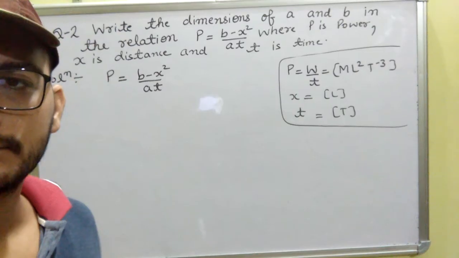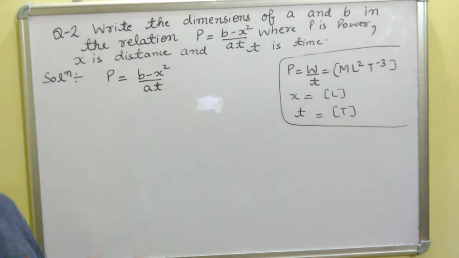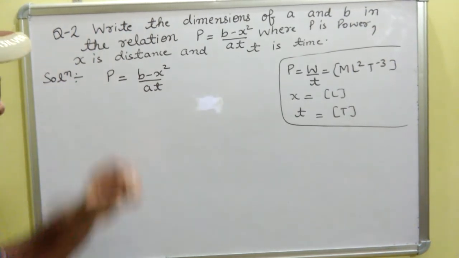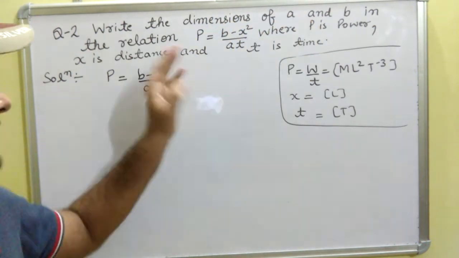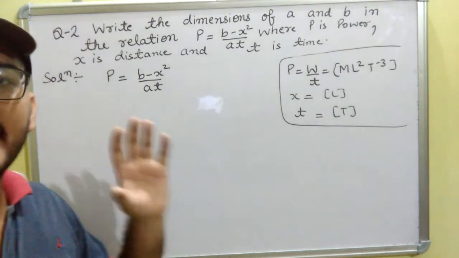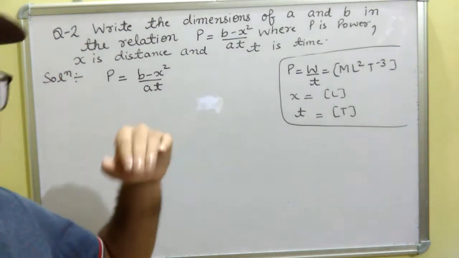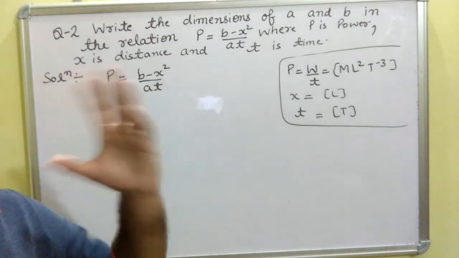Now let's start with our second question of today based on the principle of homogeneity. The question is, you need to write the dimensions of A and B in the relation. It means now you only need to calculate the dimensions of A and B. You don't have to divide A by B, you don't have to multiply them. Just you need to find them.